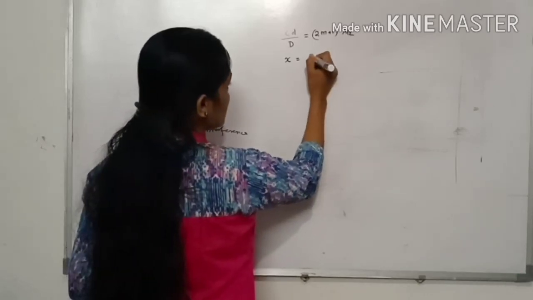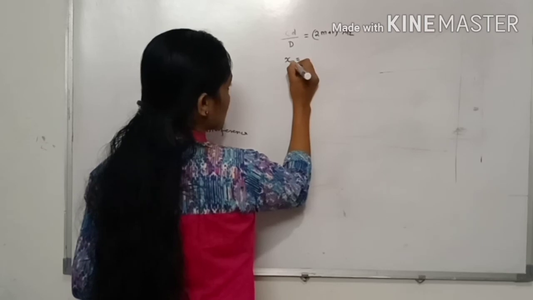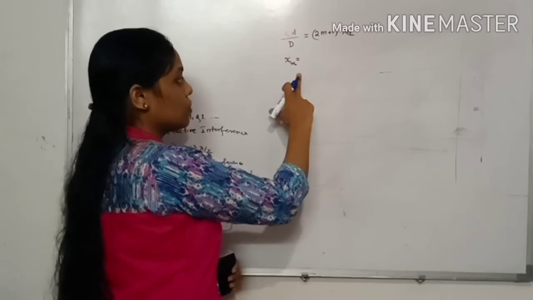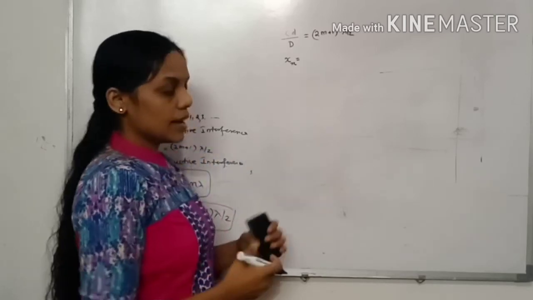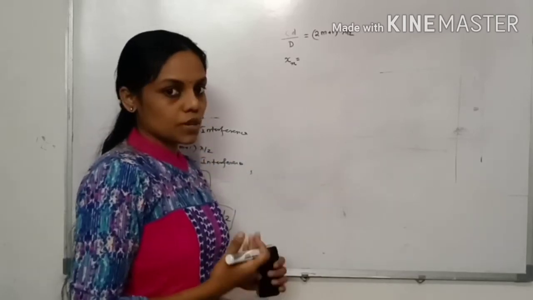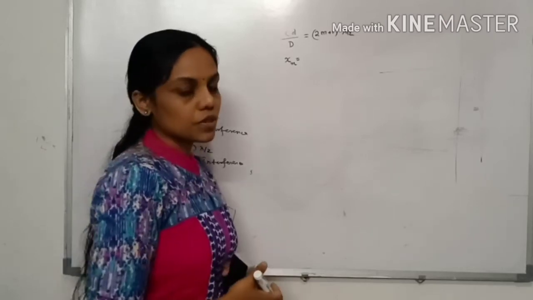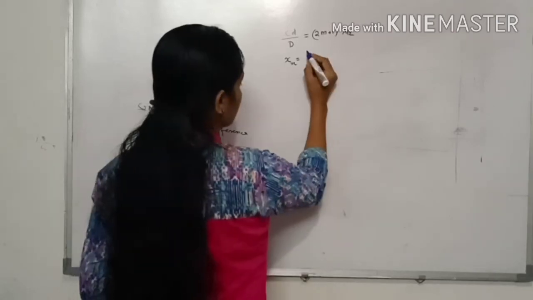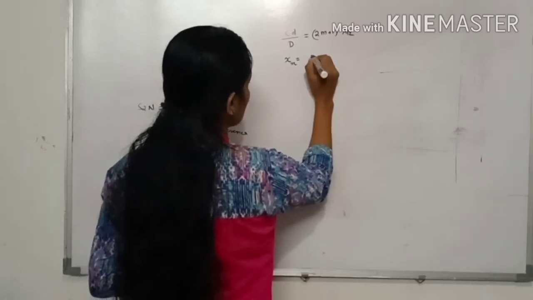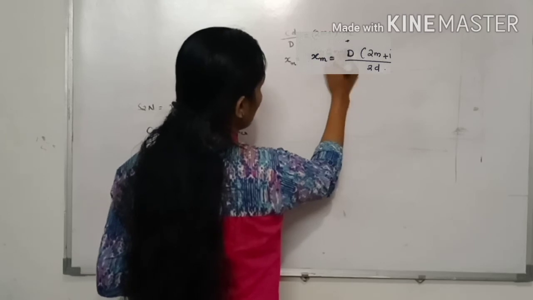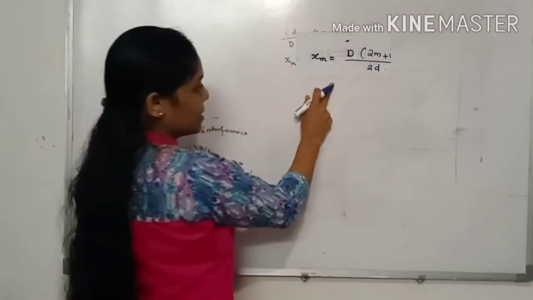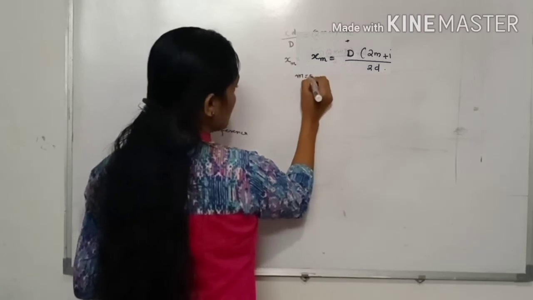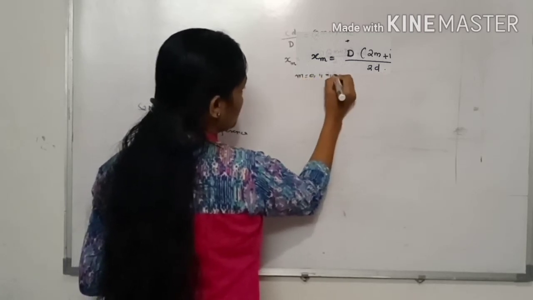Let us write it as xm, where xm is the distance from O where destructive interference is occurring according to the value of m, where m is equal to 0, 1, 2, 3, etc.